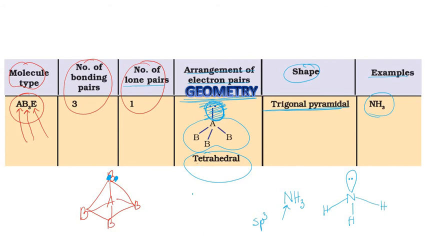Actually, if it were tetrahedral, the bond angle would have been 109 degrees 28 minutes. But the presence of one lone pair makes this bond pair and this lone pair interact, that is repulsion takes place, due to which the bond angle is reduced to 107 degrees.